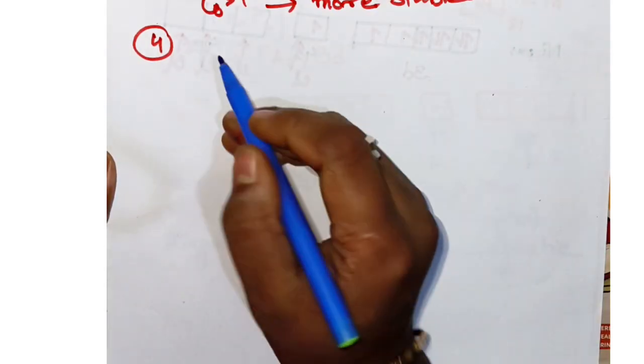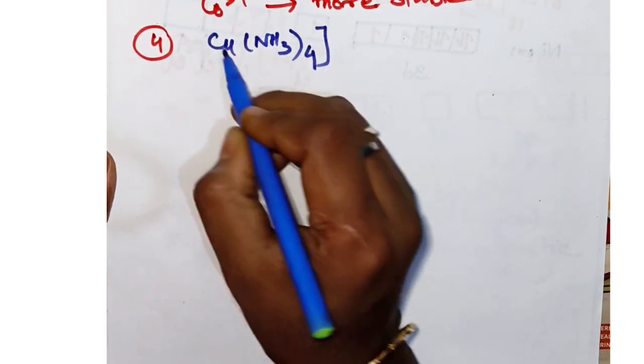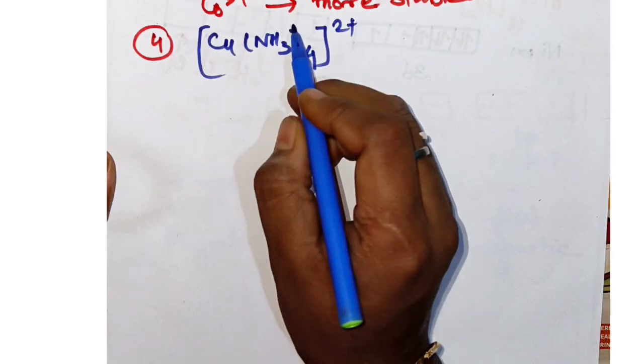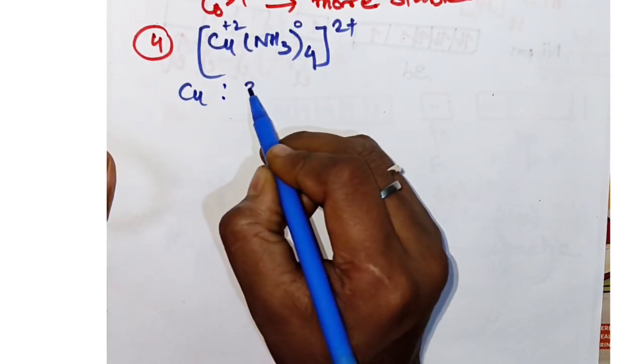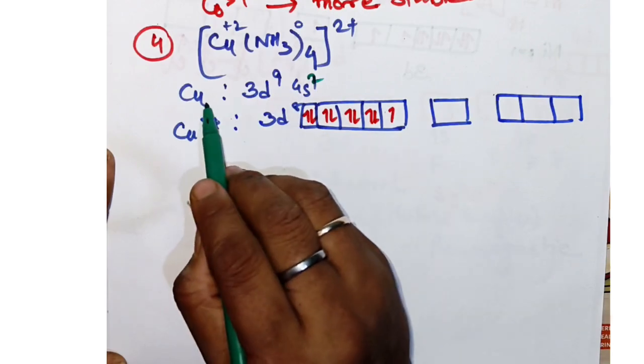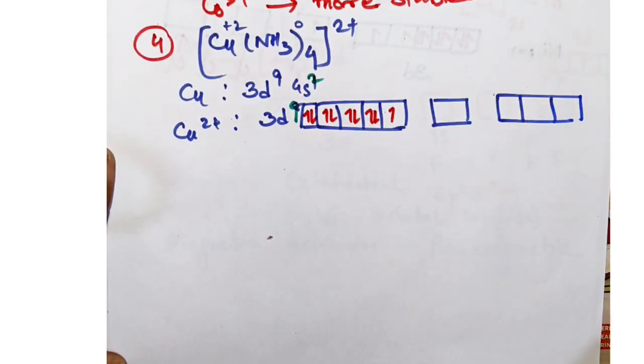That is your copper NH3 whole 4 2 plus. Okay, so ammonia is 0, again plus 2. So copper 2 plus is your 3d9, so there are 9 electrons out here.